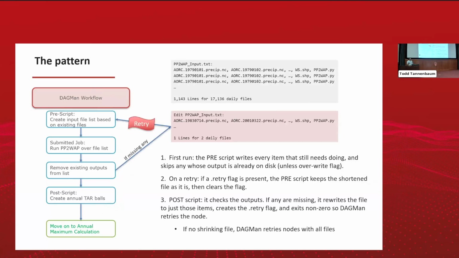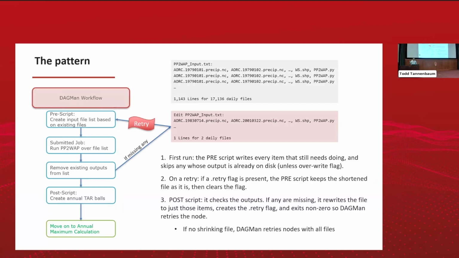So when we moved to DAGMan, there's really only one change we had to implement, which was adding a check on what files are there or not in our post-processing step. We start off at the top with the input text file, which has 1,000 lines for 17,000 daily files.